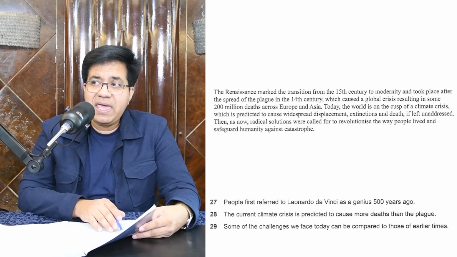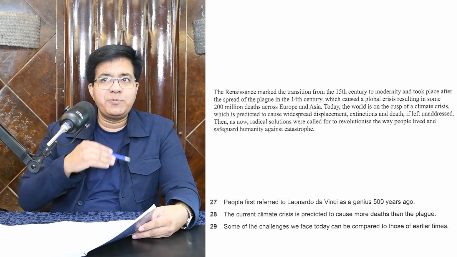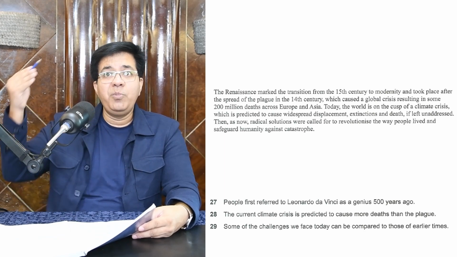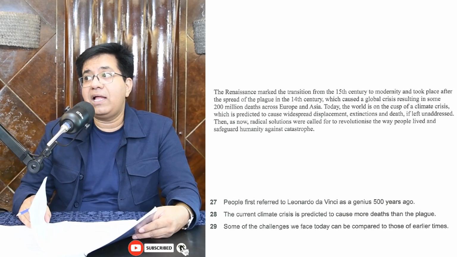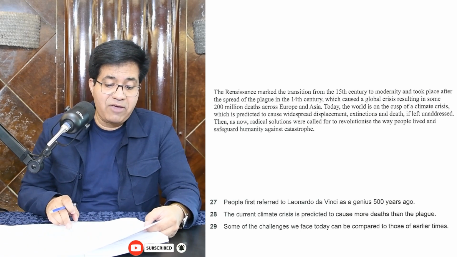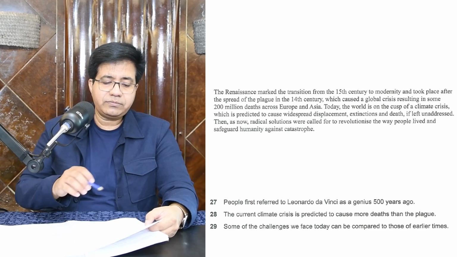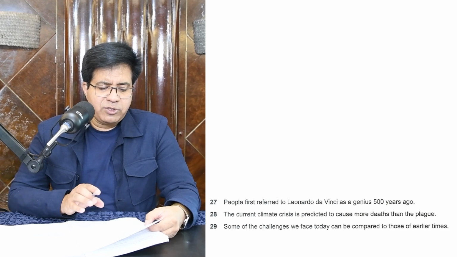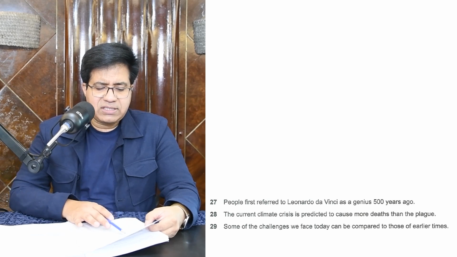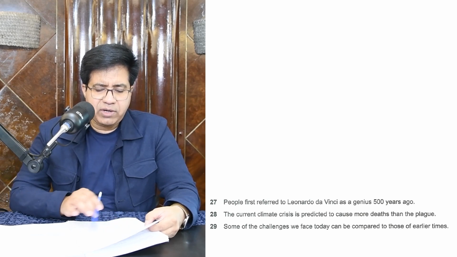Now, have they compared that this will cause more deaths or that caused more deaths? There is no information. So the answer is not given. Well done. Question 27, correct answer is not given. Question number 28, okay, it's done.